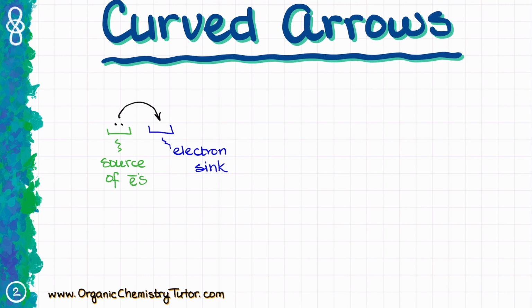To give you an example, let's go back to our resonance structures for the CO3 2- anion, the carbonate anion, and see how we can use the curved arrows in that case. I have a resonance contributor where I have my electron pairs around oxygen as such, and if I want to go to the second resonance contributor where I have electron pairs around my oxygen distributed in a different way, then in order to do so, I'm going to take electrons from one oxygen and push them towards the other one.